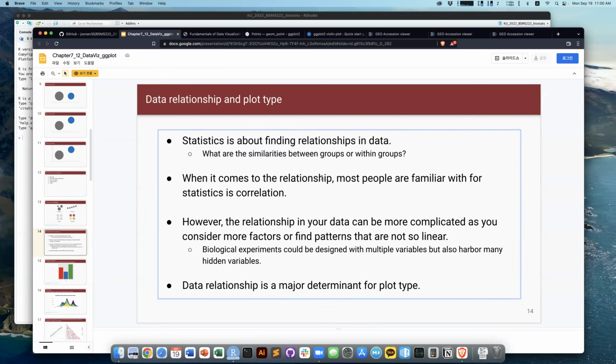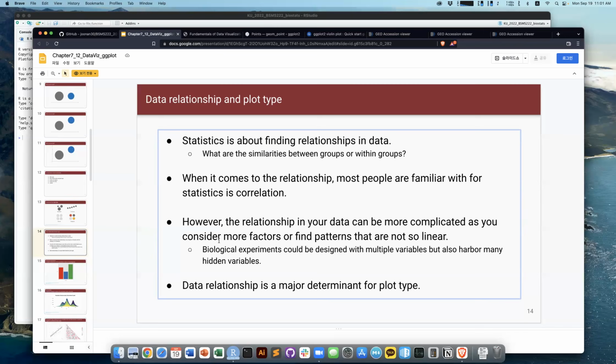So when it comes to relationship, most people are familiar with correlation, because correlation is quite an easy thing to represent and think about, right? So there is some relationship like X and Y. If you think about the relationship of the data points, you just think about y equals X. But in a real world data set, the relationship of your data is actually much more complicated than you're thinking.